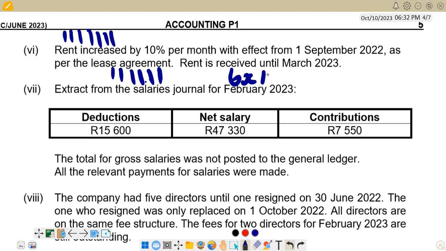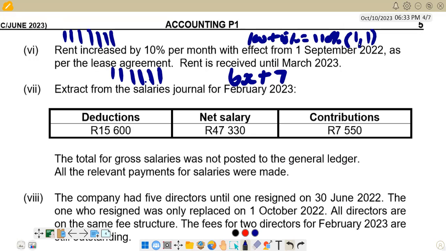Now on the 7 months, the rent had increased by 10%. Obviously we had 100% before it increased, plus the 10% that it increased with, we get 110%. As a decimal, 110% is what? It is 1.1. If you divide 110 by 100, you get 1.1. So this is after it had increased.